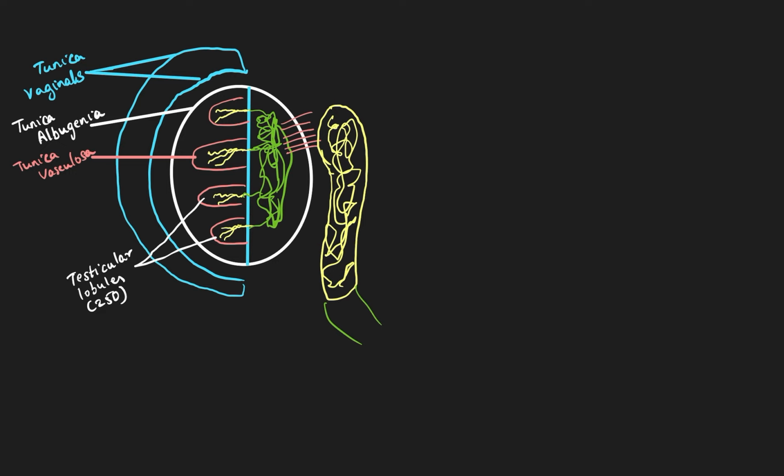The testicular lobules are the ones responsible for the production of sperms. They have seminiferous tubules, almost 1 to 3 in each testicular lobule.